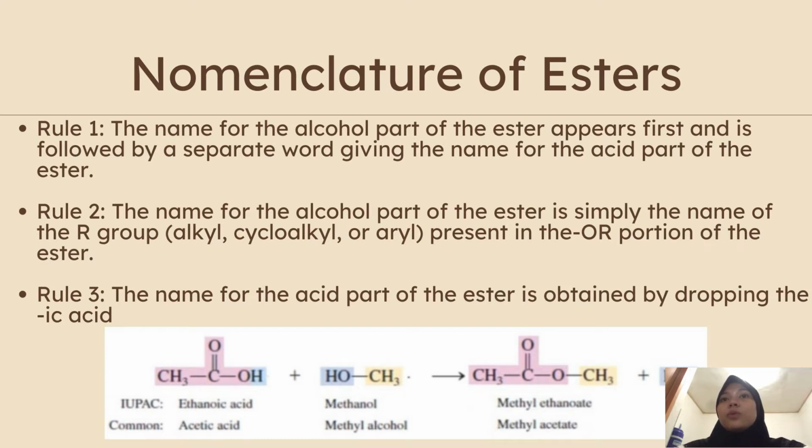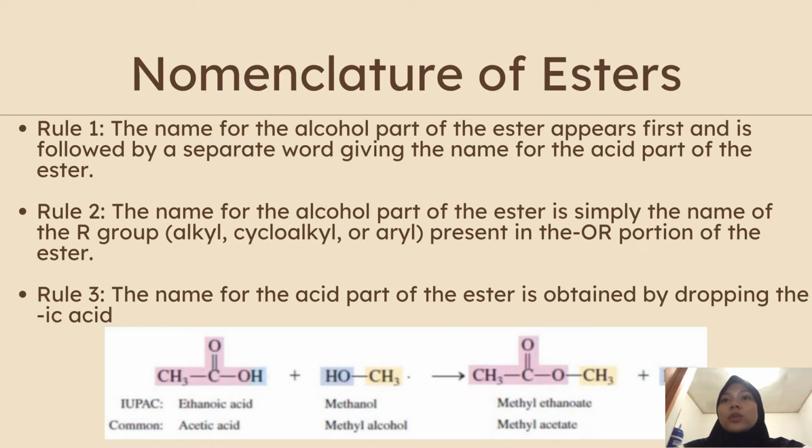There should be two words here, so a space would be found in between the name of the alcohol part and the acid part. For the common name, it will still be methyl because it's an alkyl: methyl acetate.